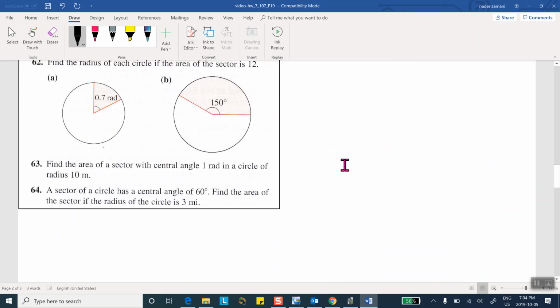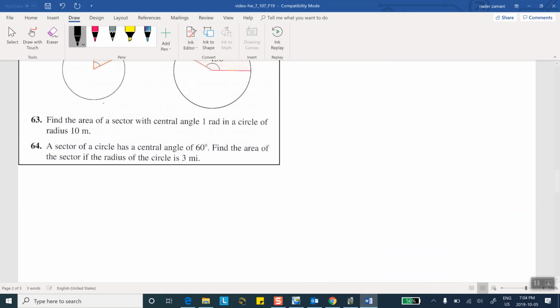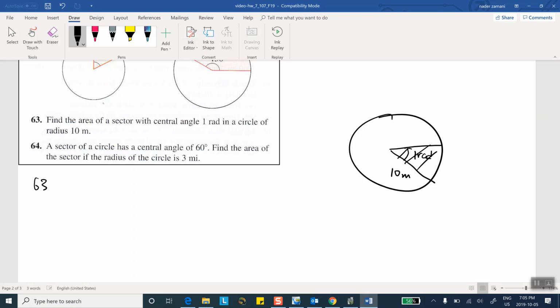Okay, number 63. Find the area of a sector whose central angle is 1 radian in a circle of radius 10 meters. So we have a circle of radius 10 meters, and you're told that this angle is 1 rad. We want to find what this area is. Area is equal to 1/2 r squared times theta. 1/2, r is 10, quantity squared, angle is 1.